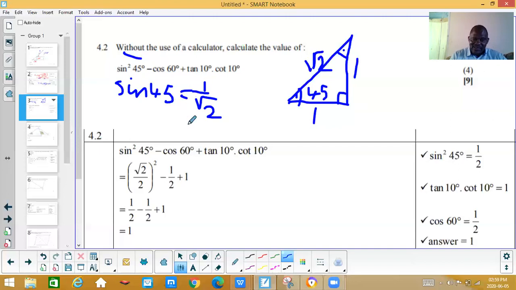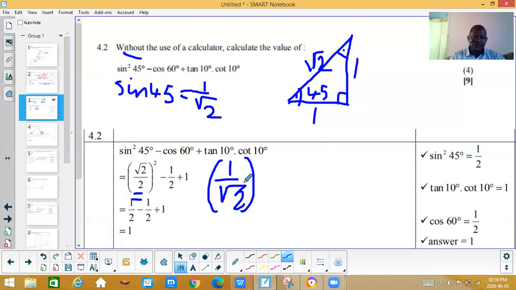The way they did it here, they used a calculator, and this is wrong. Because in the position of sine 45, you are supposed to have 1 over root 2.